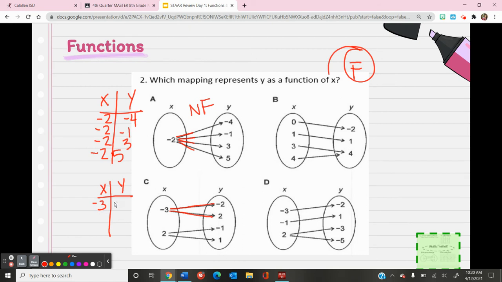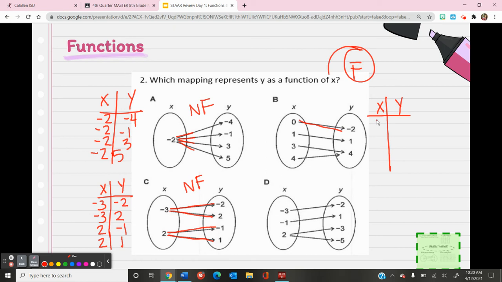So -3 is being paired with -2, and it's also being paired with a +2. Then I have 2 being paired with -1, and I also have it being paired with a +1. So if you see here, I have my x values repeating. So again, this is not a function. And then we have B. If it helps, again, go ahead and write out a table.